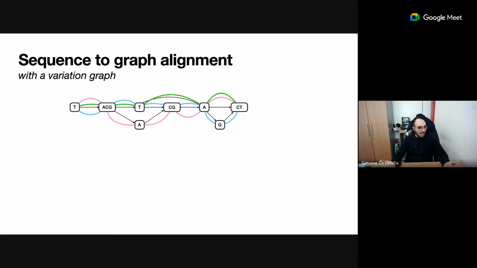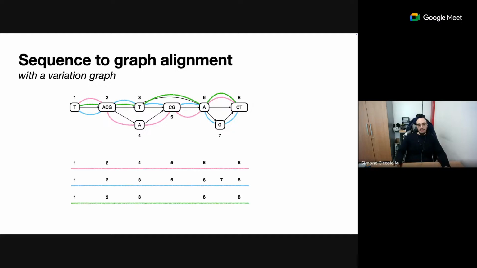Typically they represent haplotypes, but they can represent other types of information that we want to encode in the graph. So in this case, they are haplotypes, and for each of these walks in the graph, we have different colors and different nodes.